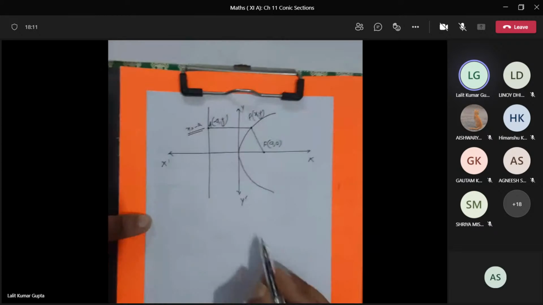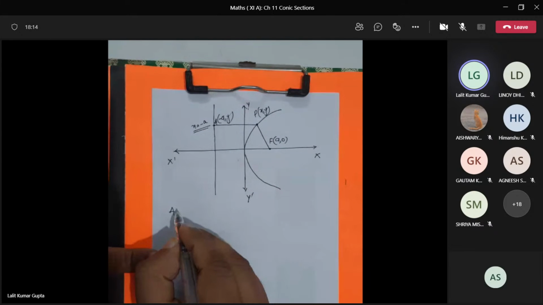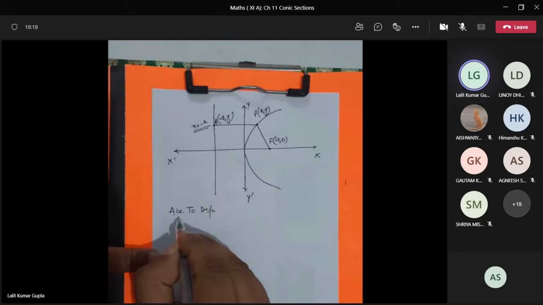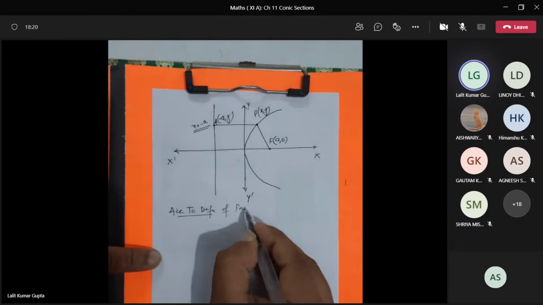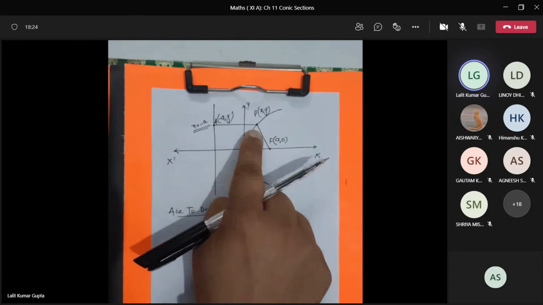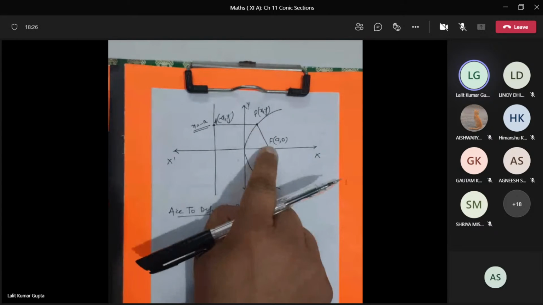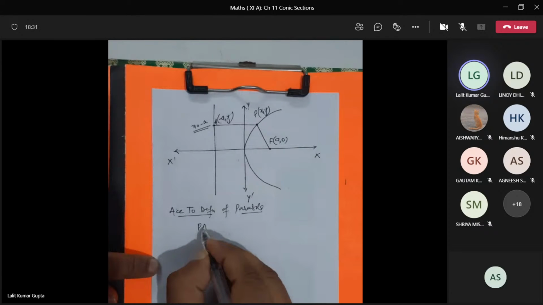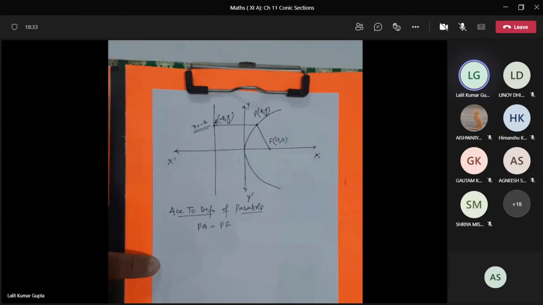ठीक है. अब according to the definition of parabola, what that says, set of all points which are equidistant from a fixed point and from a fixed line. So we can say that PA is equal to PF.